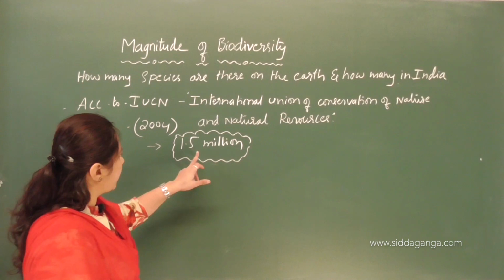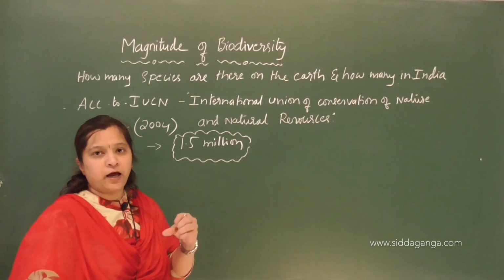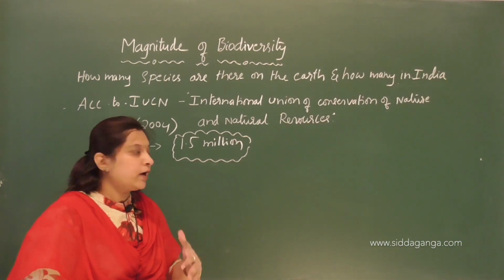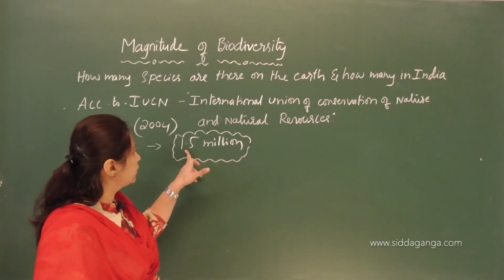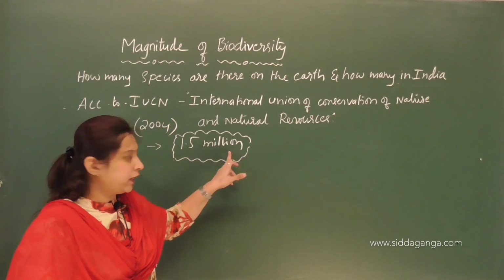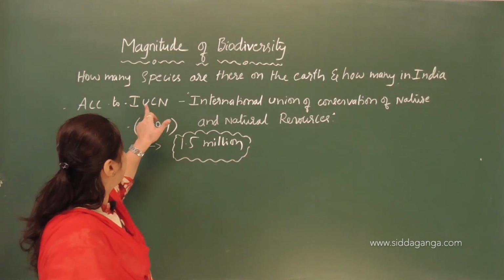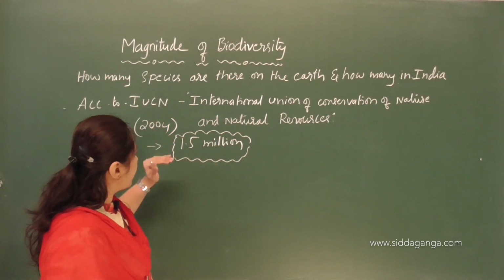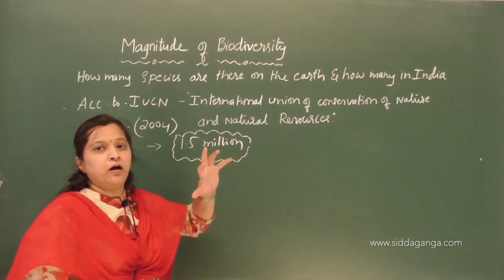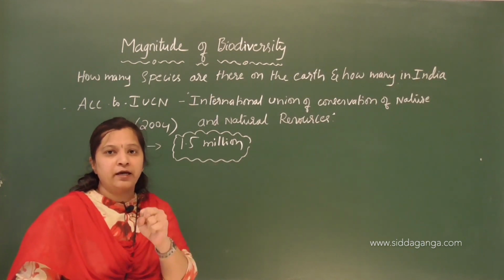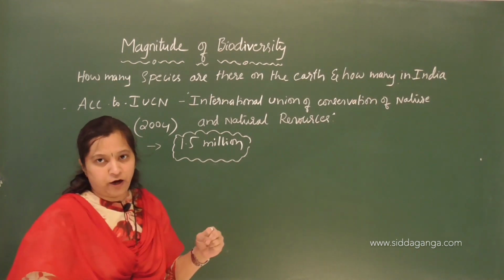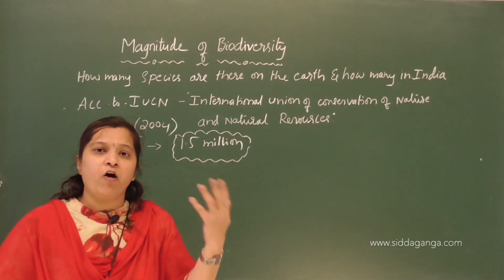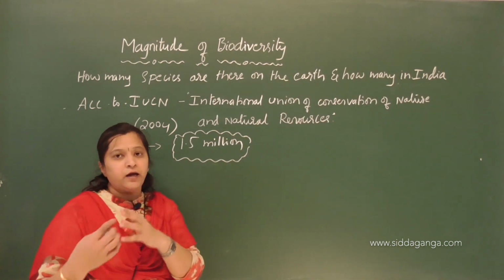So according to IUCN, the total number of plants and animal species present on the earth, which are already discovered and described, is slightly more than 1.5 million. This is the number given by the IUCN in the year 2004. So these many species of plants and animals are already known, which means they have already been discovered and described.